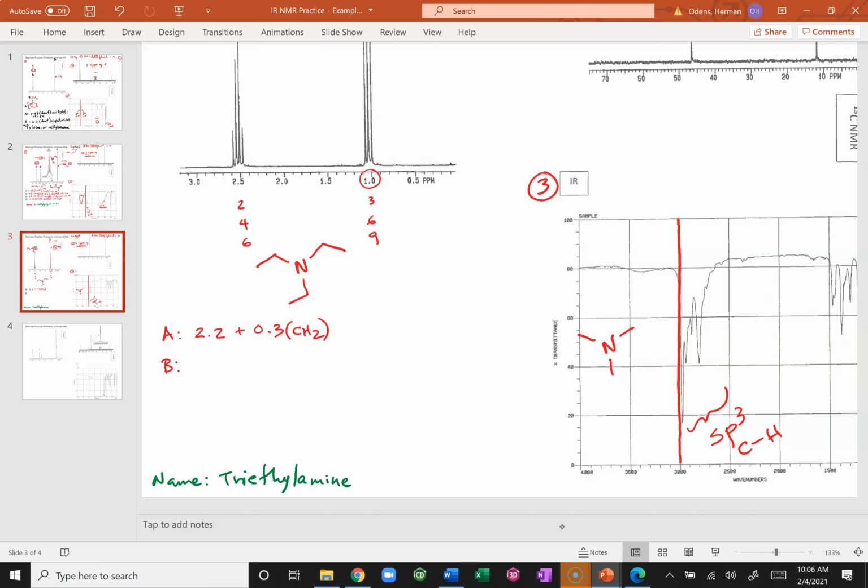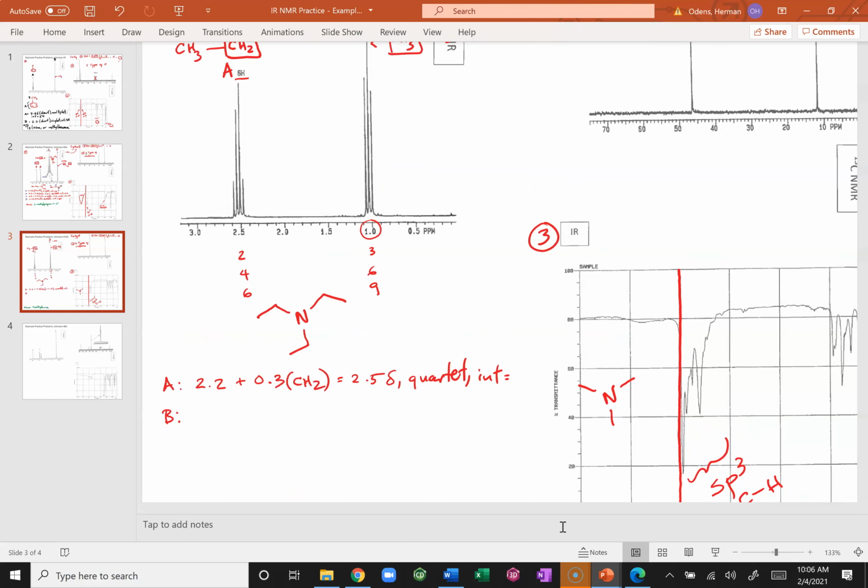No beta group yet. So that equals 2.5. Notice where this signal is, right at 2.5. Perfect. We can predict that well. And it's a quartet that integrates to how many? 6 hydrogens.